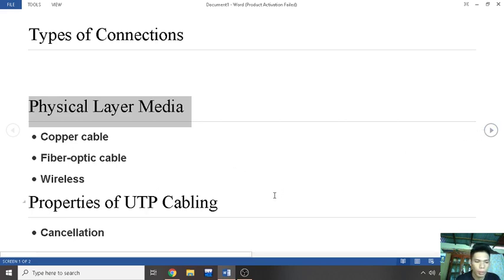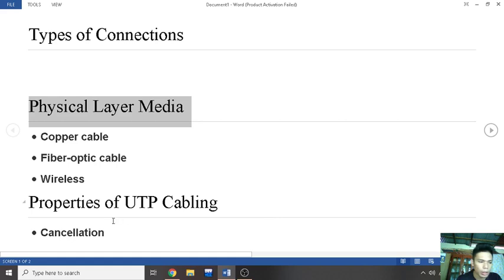So we have the properties of UTP cabling. When used as a network medium, unshielded twisted pair, or UTP, cabling consists of four pairs of color-coded copper wires that have been twisted together and then encased in a flexible plastic sheath. Its small size can be advantageous during installations.